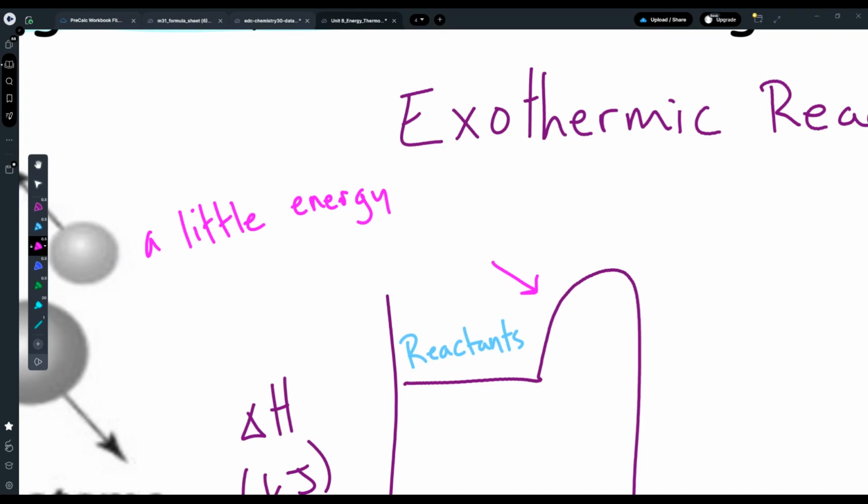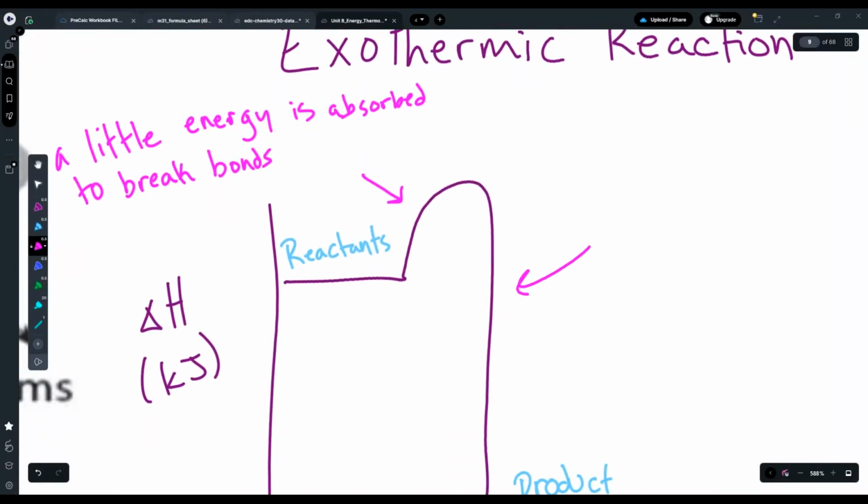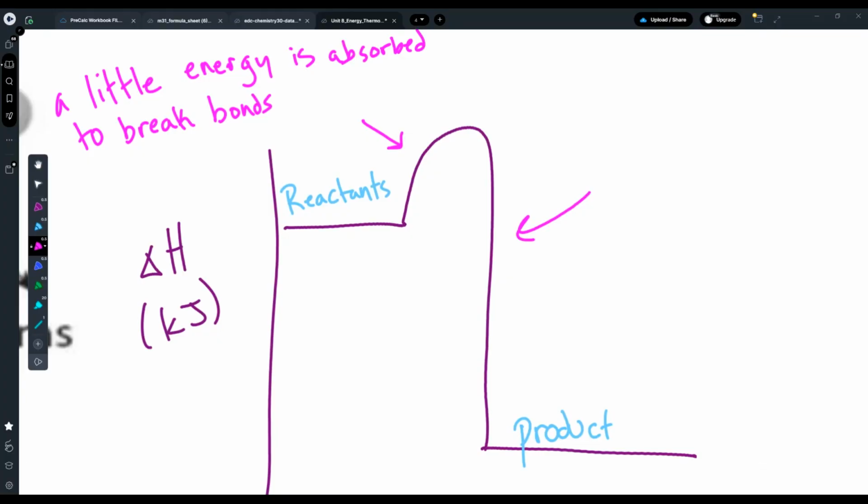So I guess you could say a little bit of energy is being absorbed by the system to break bonds. Okay, and meanwhile on the other side we have a lot of energy being released in order to form new bonds.